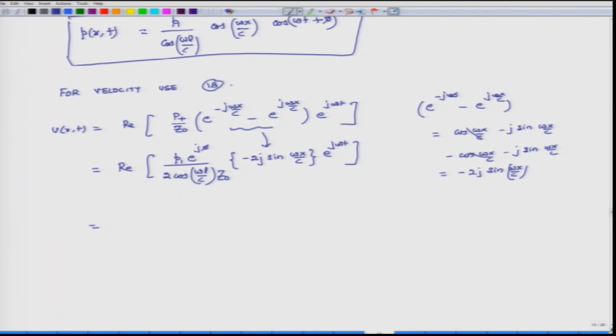So, I can take all the real terms outside the bracket. It is p1 by, and then this 2 cancels out. So, what I am left with is cosine omega L over c times z naught, real of minus j sine omega x over c, and I have e to the j omega t plus phi.